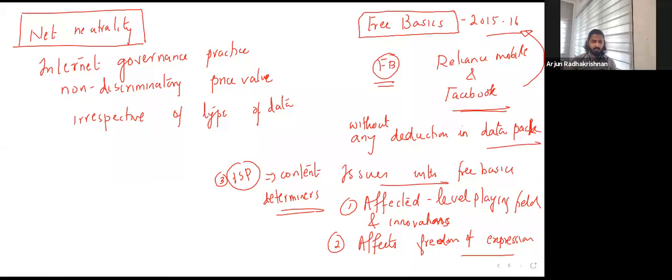So to deal with this, we are coming out with something called net neutrality, and TRAI has come out with certain recommendations. TRAI is the Telecom Regulatory Authority of India. These are their recommendations regarding net neutrality.